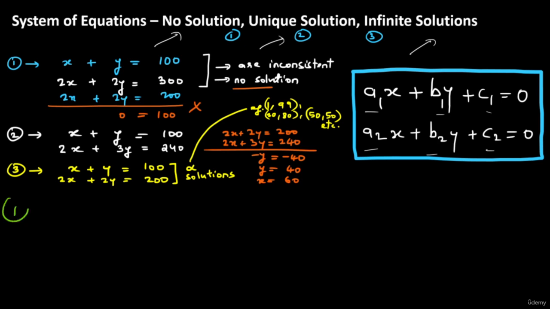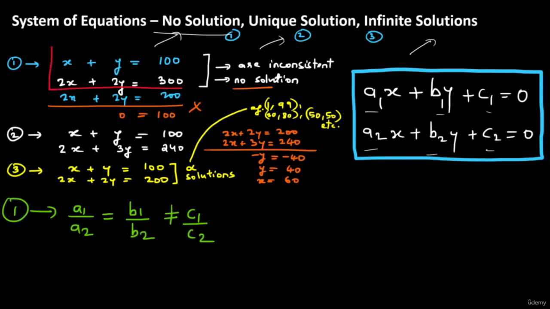If you have a1 by a2 is equal to b1 by b2 is not equal to c1 by c2, in that case, there will be no solution for this set of equations. Now over here also you can see that you have 1 by 2, 1 by 2 and 1 by 3, right? So it's the same thing that's happening over here.